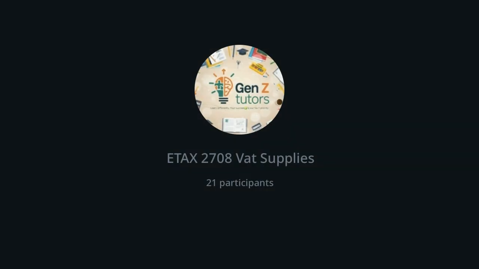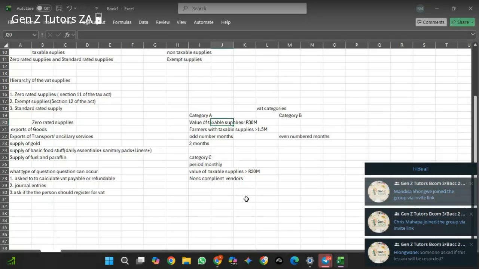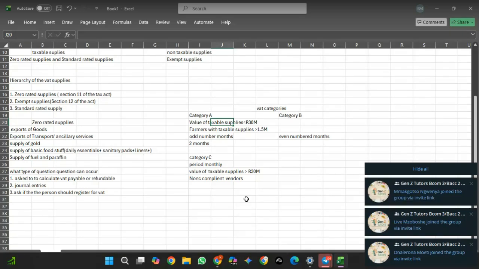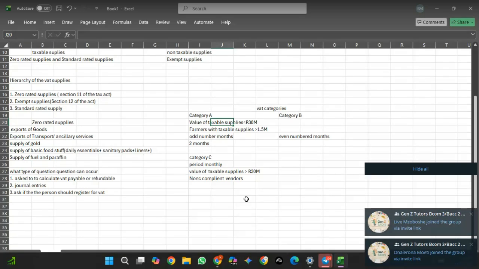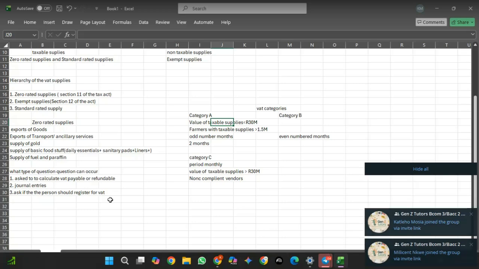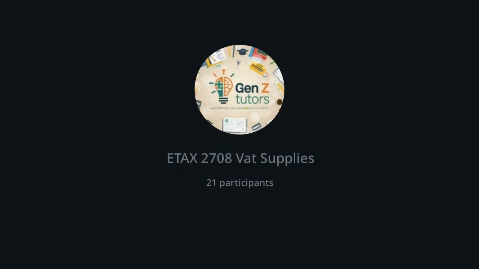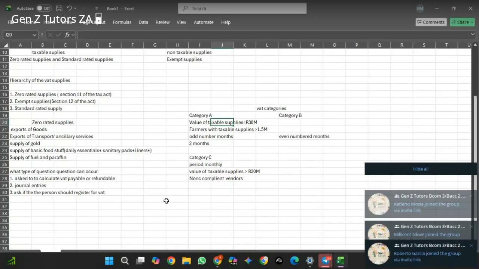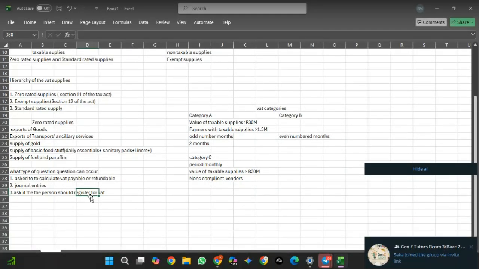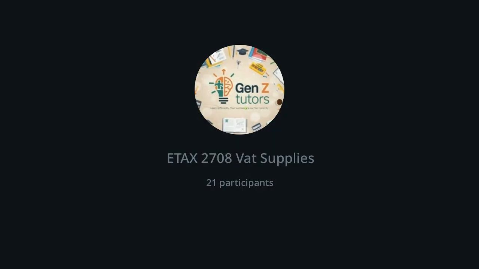So if maybe you're supplying exempt supplies and stuff like that, then there's no need for you to register for VAT, because there's no benefit for you to enter in that situation, because your main items are VAT excluded, they're exempt the whole time. You understand in that situation, and we'll see the calculation whenever it's time to see whether a person is supposed to register for VAT or not.